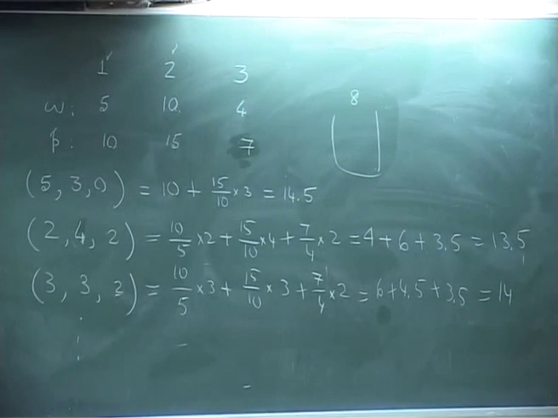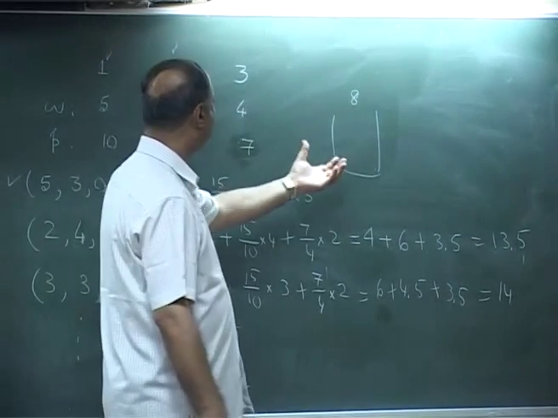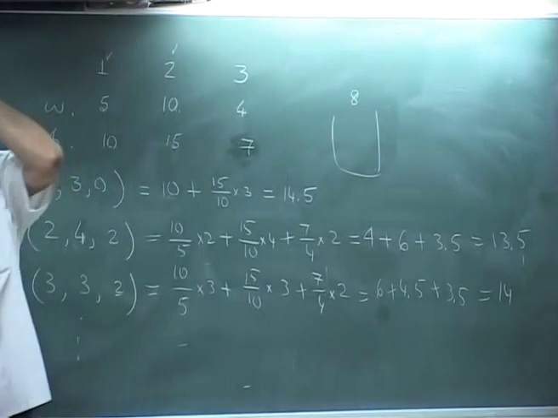So you observe that this gives the better profit among them. But how to select, or what should be the best possible way to select the weights so that my bin is full and I earn the maximum profit?